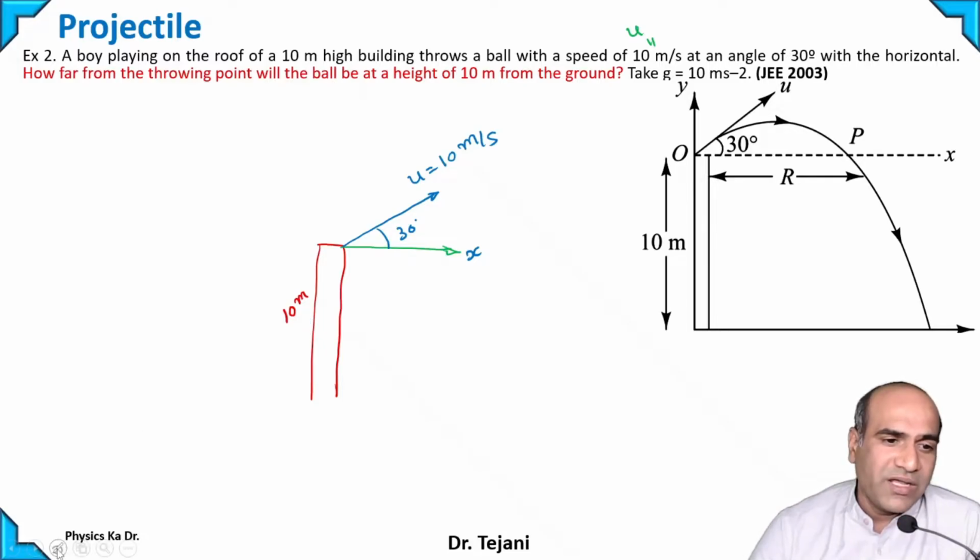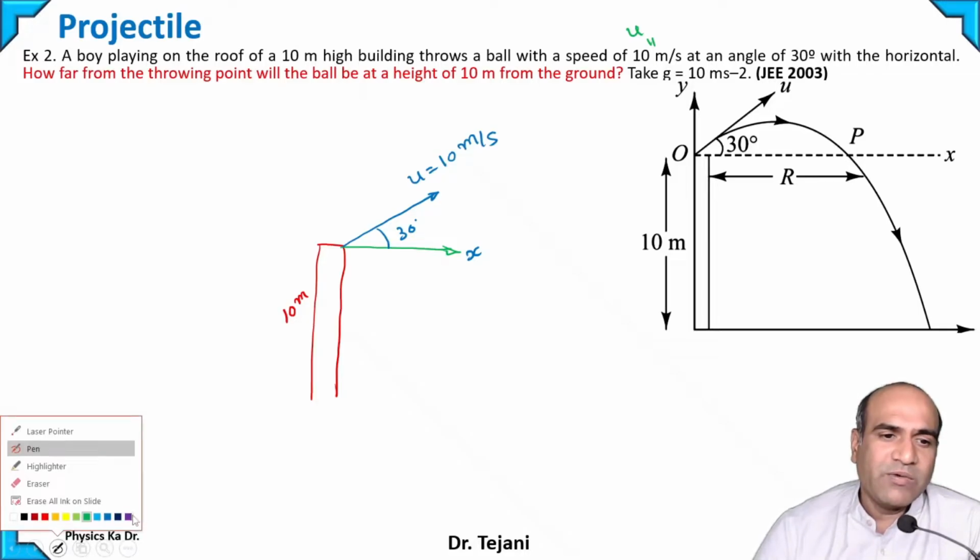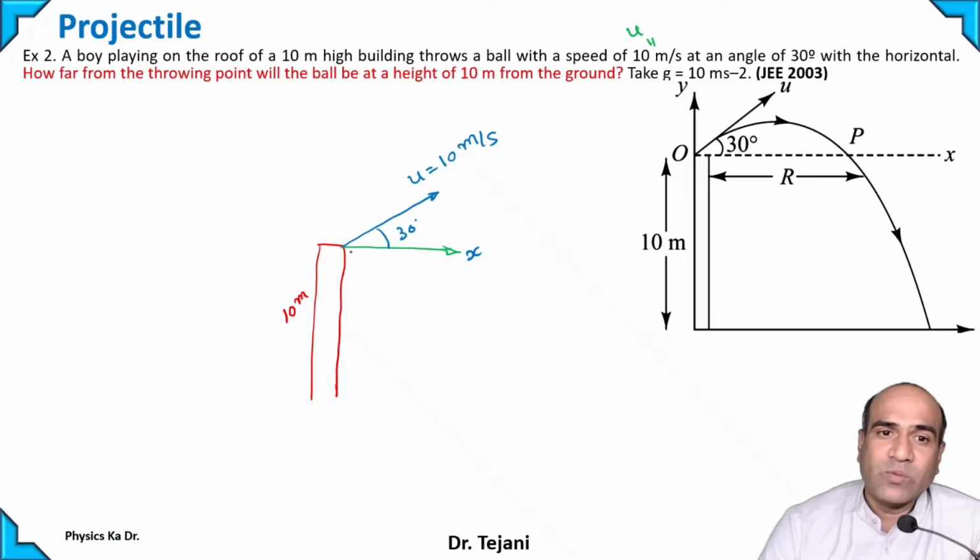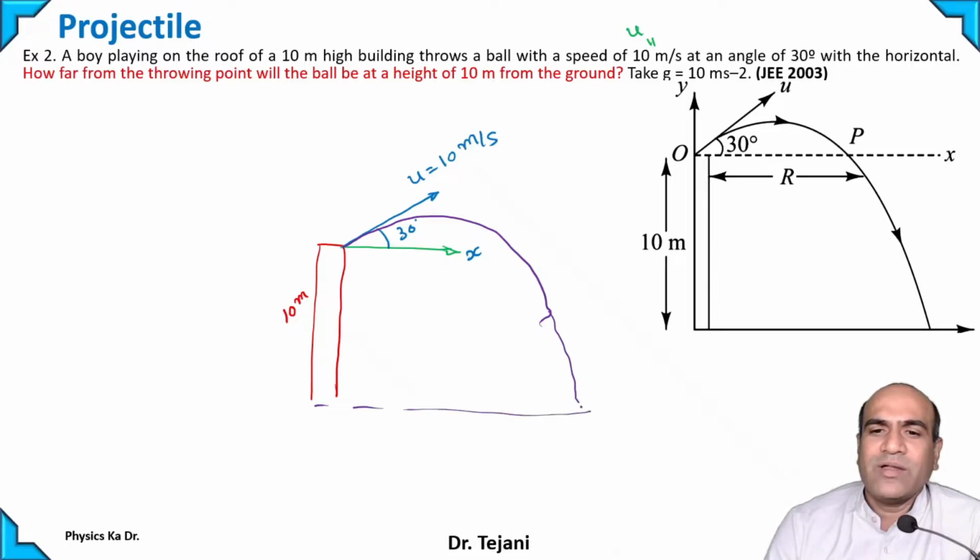From the reading, most of the students, even a person like me, would think the ball travels like a projectile and reaches the ground, so it is the horizontal distance. How far? That means this is the range. This distance is required to be calculated, and you call that x or R.